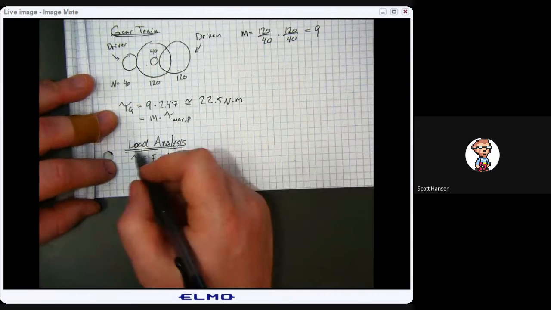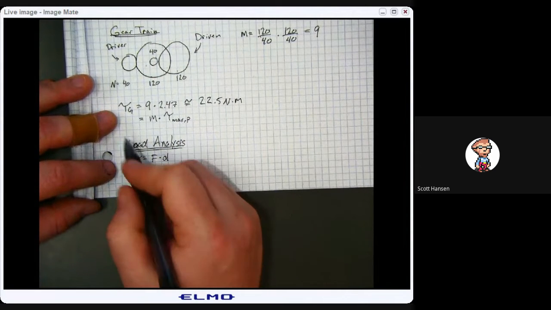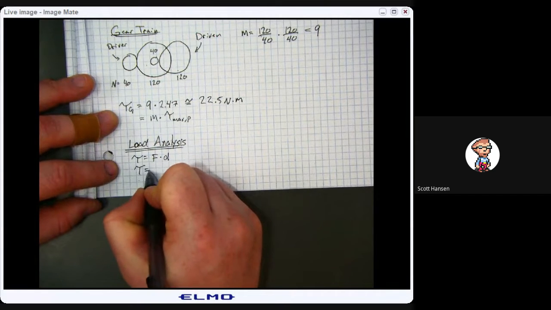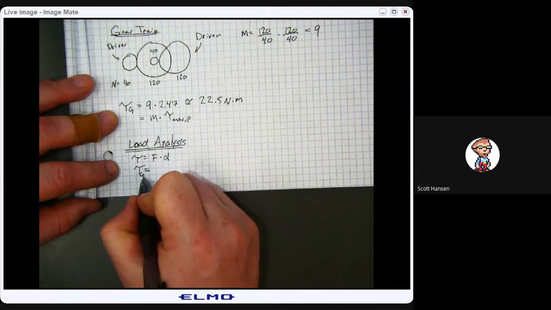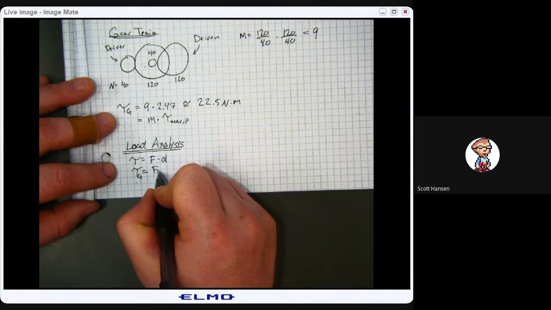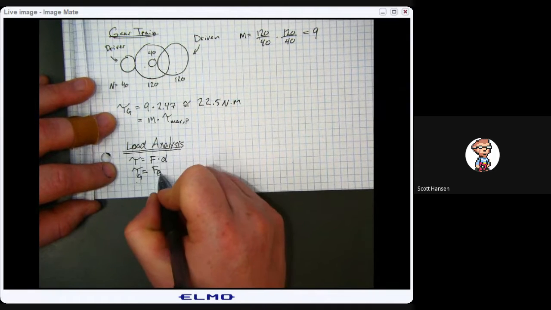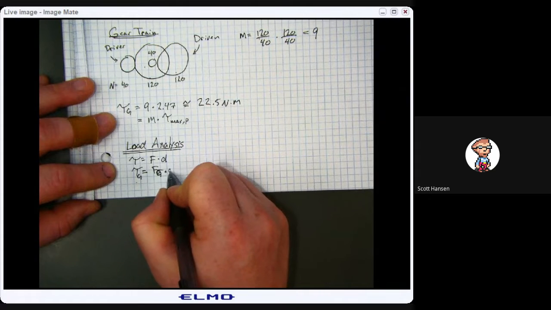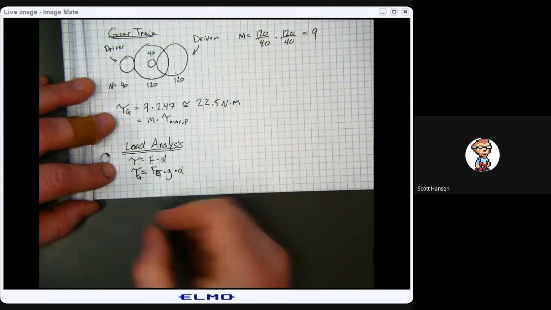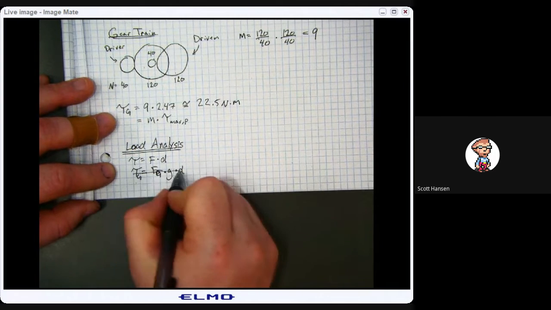So in this case, the torque generated by the object that I'm trying to hold, that's just going to be the torque that's the output of my gear train times the force, which is the force due to gravity times the gravitational acceleration times d. Oops, sorry. Let me rewrite that.